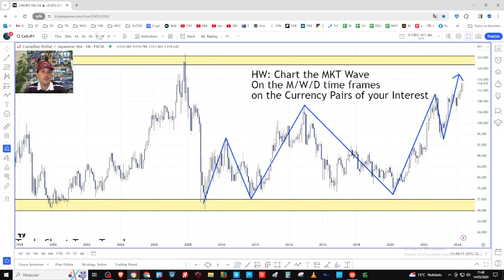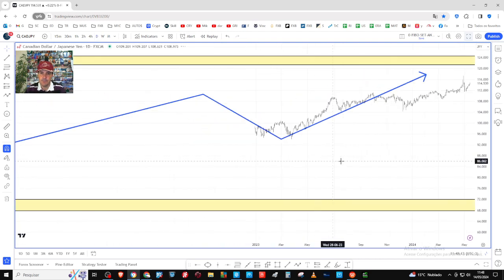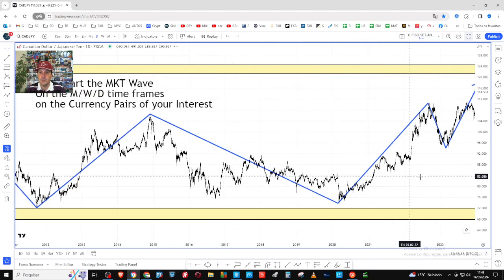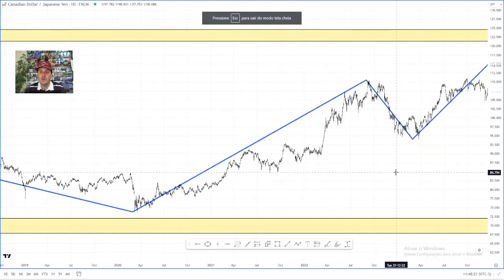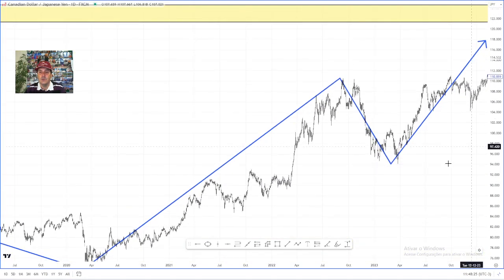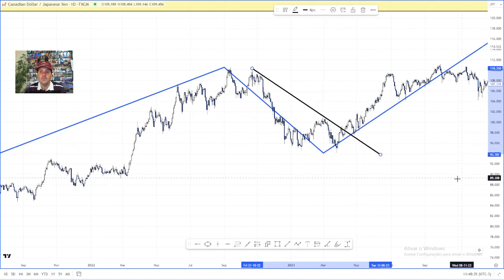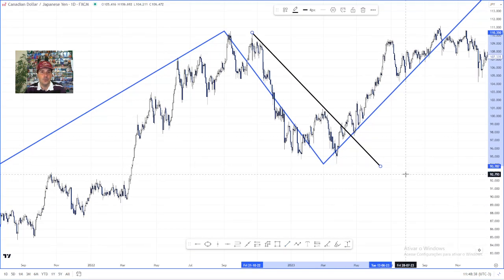Now I'm going to go on the daily chart. All right, on the daily chart, just an example for you to understand. Do we agree that on the market wave, the counter trend line break, on the market wave, the end of retracement, on the blue one, do we agree that the end of retracement would be in here?